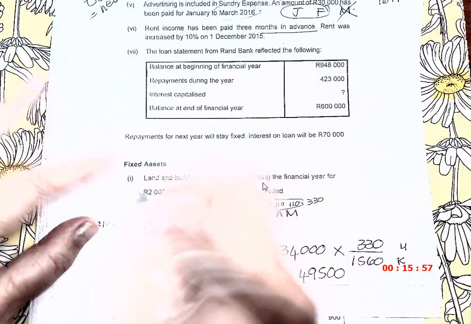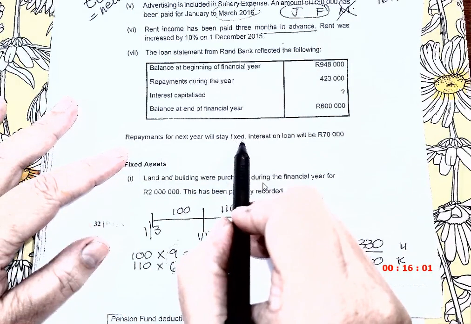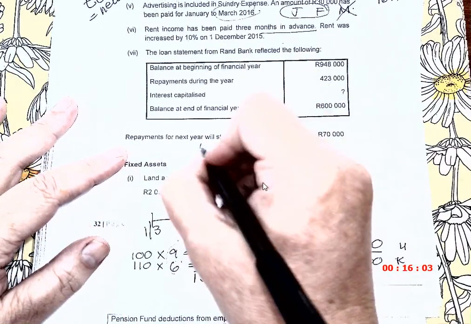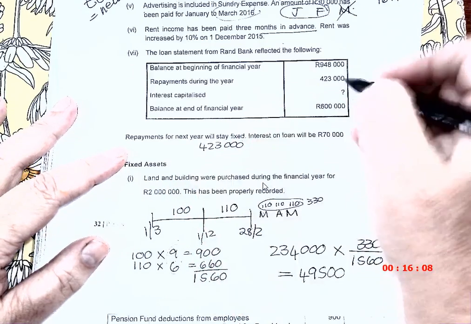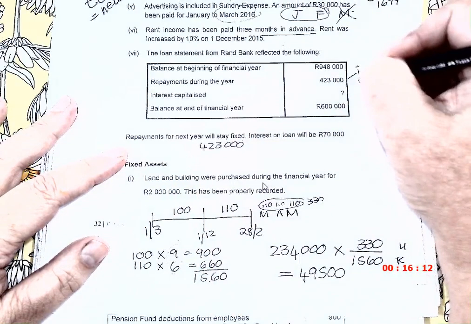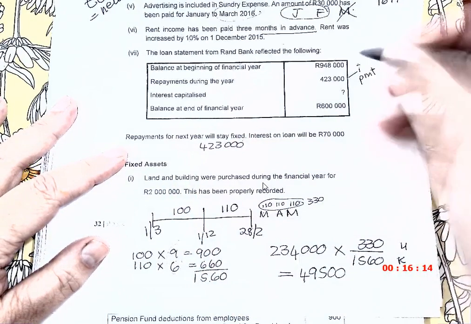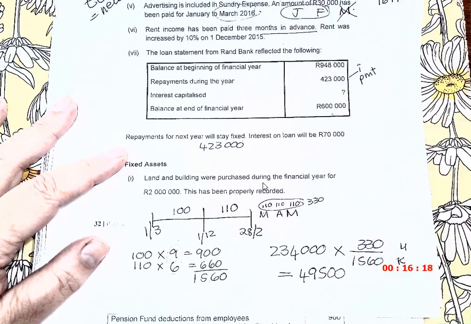If you read here, it says repayments for next year will stay fixed, meaning it's going to stay 423. But now remember that 423 is the interest and the payment on loan. And because I'm paying back on the loan, my interest is becoming less.